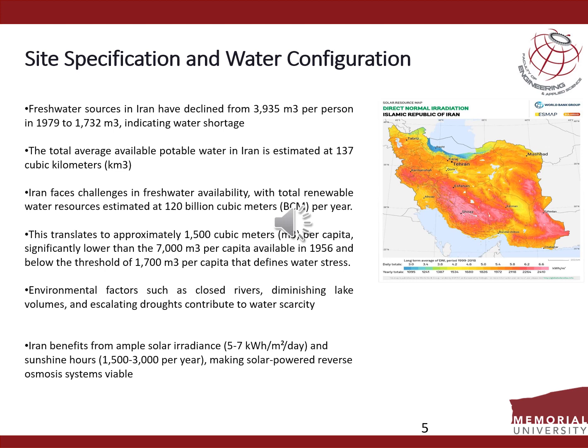And what are the main basic reasons? These are environmental factors such as the closed rivers, diminishing lake volumes, and escalating droughts that are contributing to water scarcity. But the good news is that Iran has abundant solar resource available, 5 to 7 kilowatt hour per meter square per day, and it also has a good amount of sunshine days throughout the year.